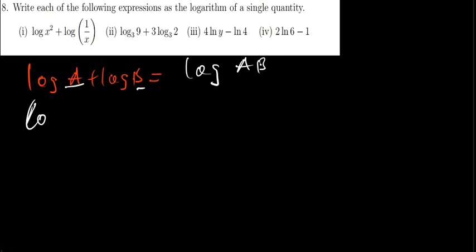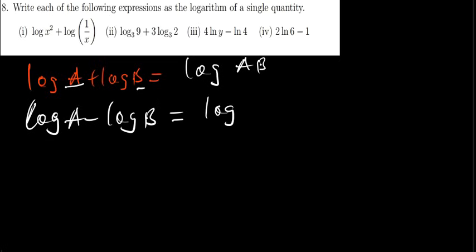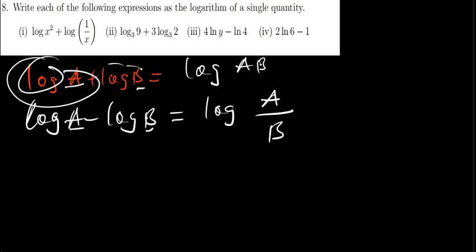If I've got log a minus log b, provided that the bases are the same, then we can divide. The part having positive will be on top, b will be down. So this is the principle that we're going to be using. But remember, these are supposed to be the same. Log in front, there should be nothing in front.